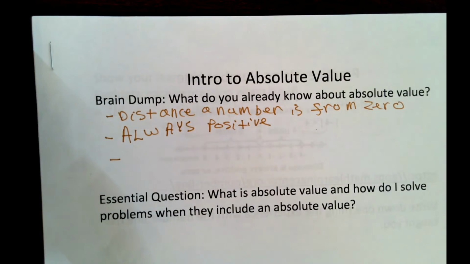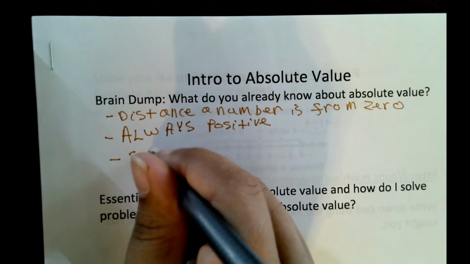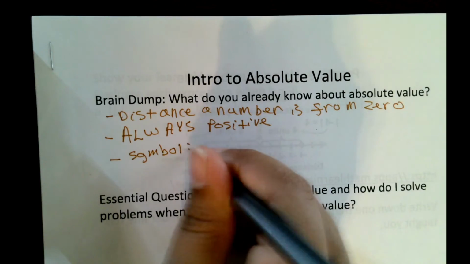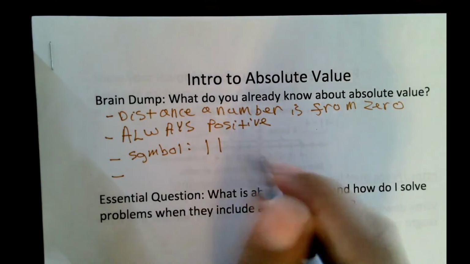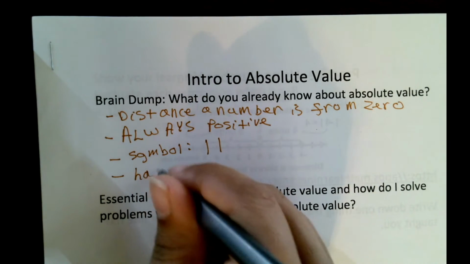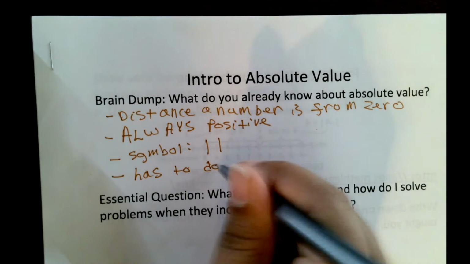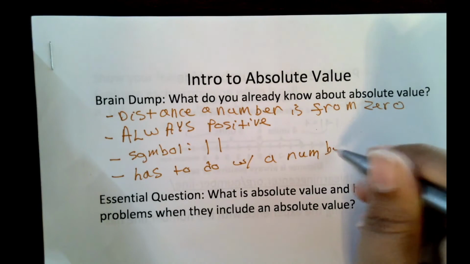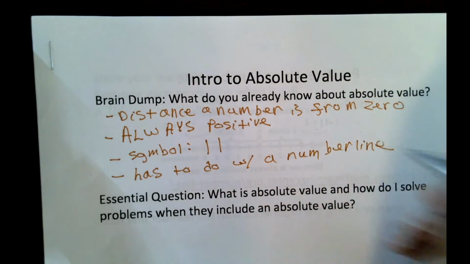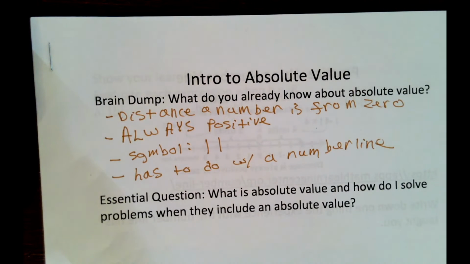And I had someone tell me the symbols were the bars. And finally, number one, someone yelled out, has to do with a number line. All of those things are absolutely true.